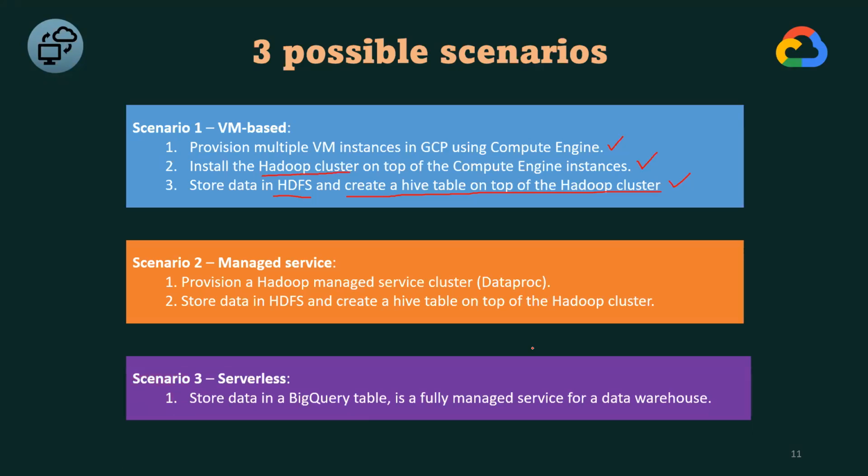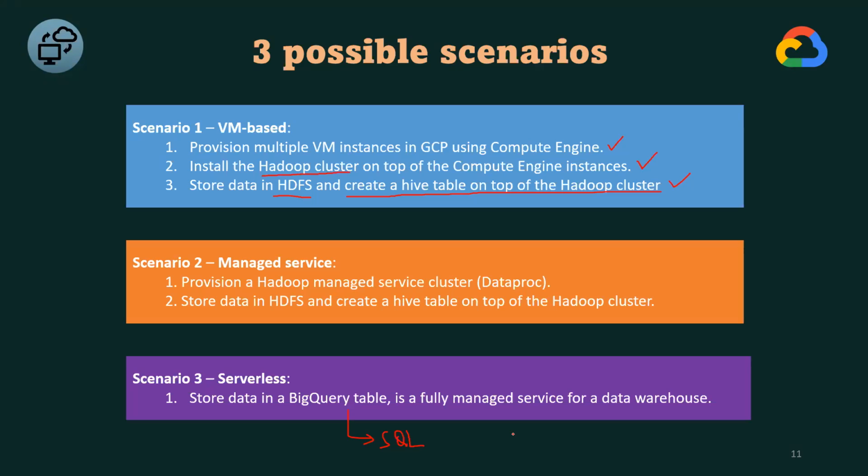And if you want to work in the serverless, you can directly store the data in a BigQuery table, which is a fully managed data warehouse service. Once the data is in the BigQuery table, you can write SQL queries directly. Only one step: just move the data from CSV to BigQuery directly.